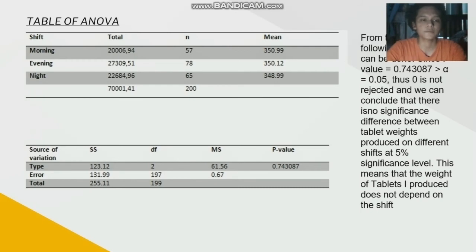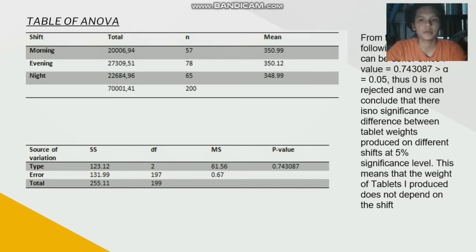The first step, we must classify the shift and we find out the total and the value of mean. After that we can calculate the square mean, and until we get the p-value.